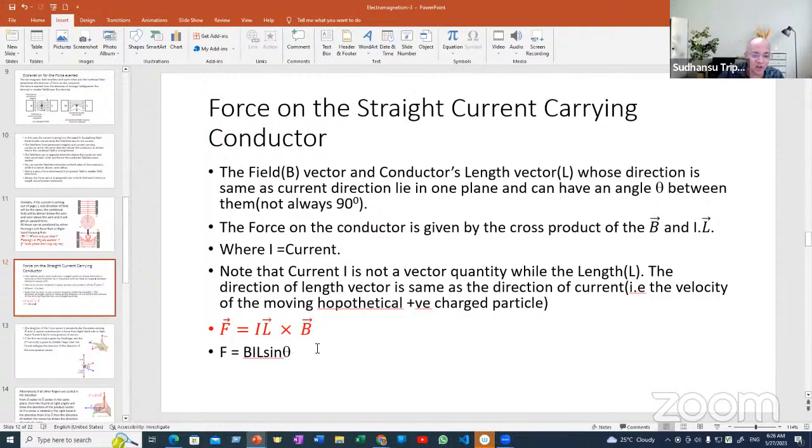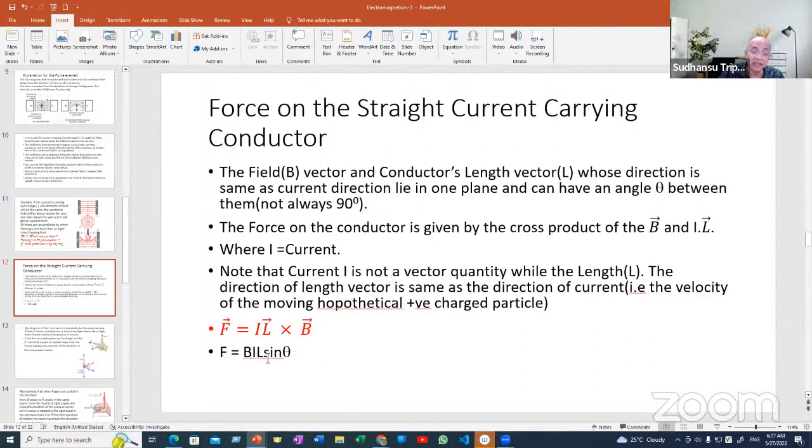So IL cross B gives you the force exerted onto the current carrying conductor, both in magnitude and direction. If there are two vectors multiplied in a vectorial or cross manner, then the magnitude is A into B sine theta.